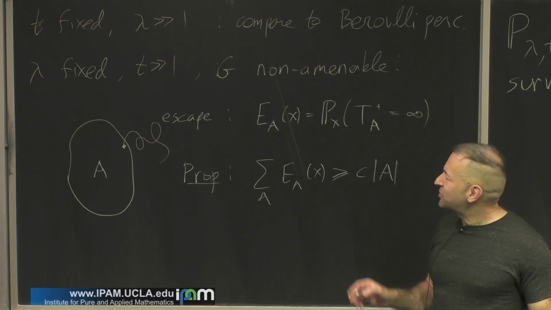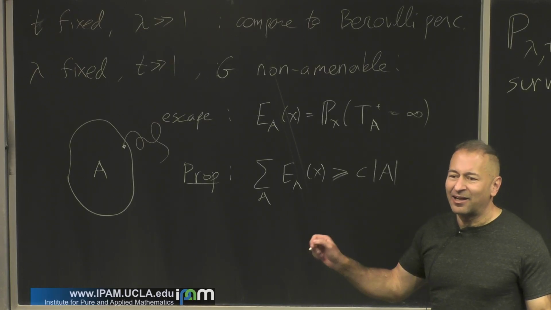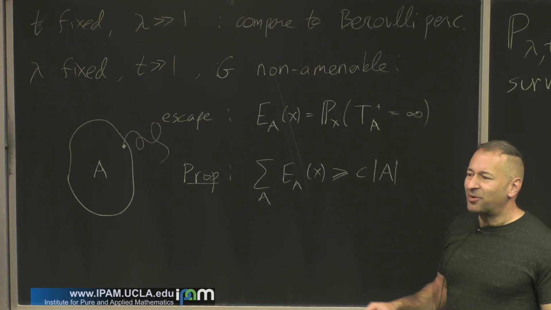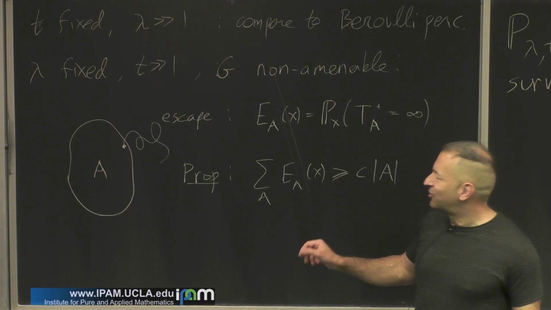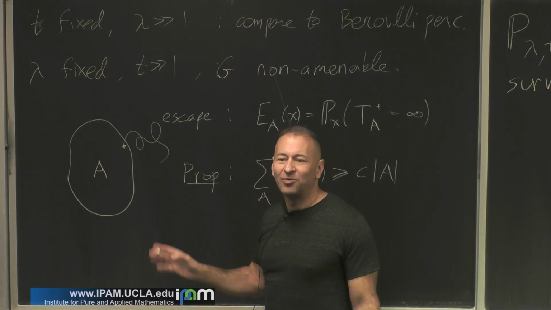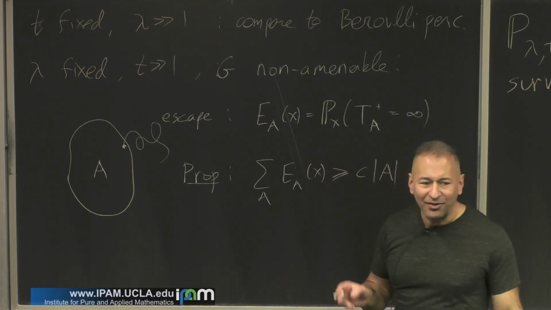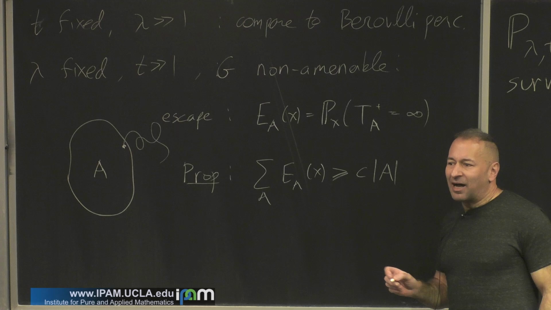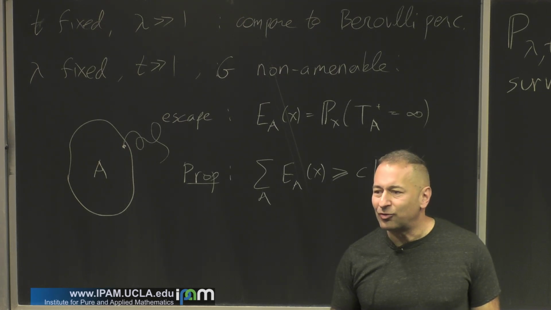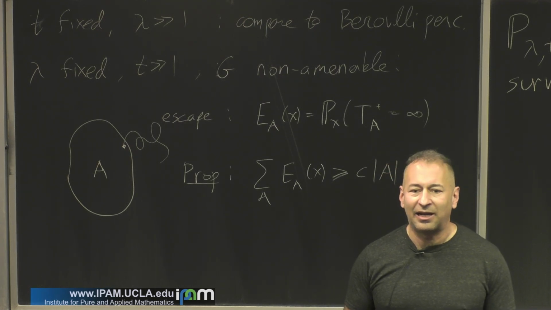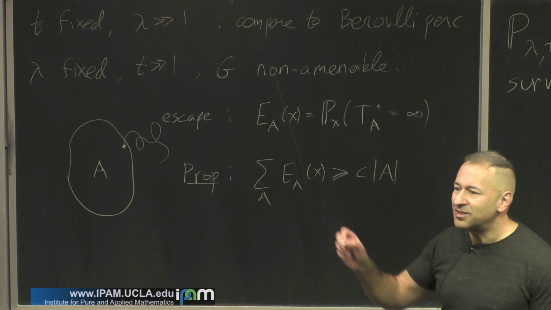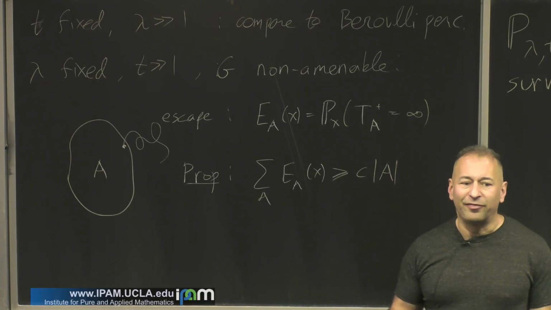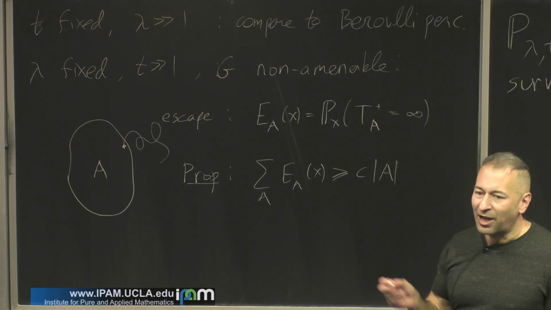So we have many points from which the random walk is unlikely to return. Of course, we don't care about never returning. We only care about not returning up to time t, which is also enough for us. And another effect for non-amenable graphs: if you perform a random walk up to time t, then the trace is going to be linear with high probability. So you visit a linear number of vertices up to time t with high probability.